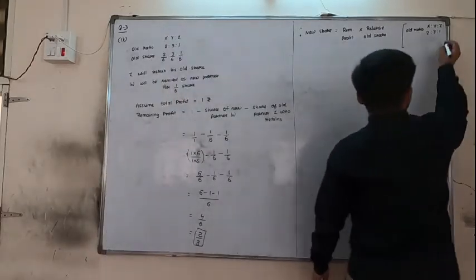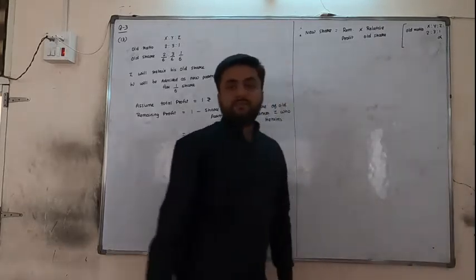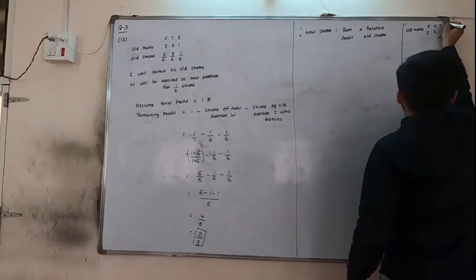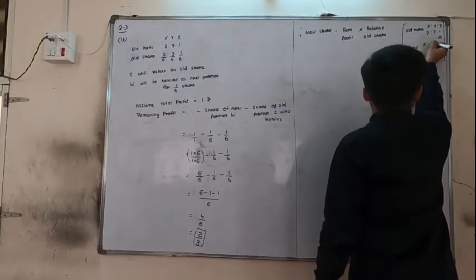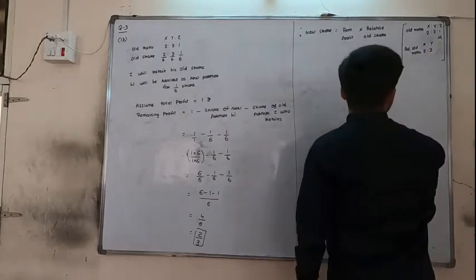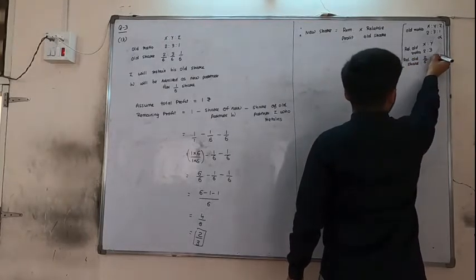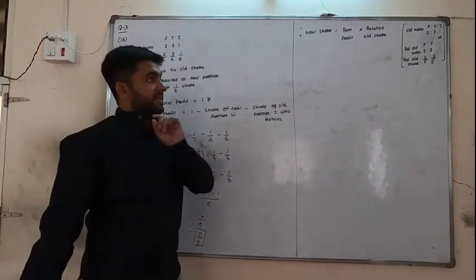Now Z is retaining, so we are cancelling his name. So now relative old ratio between X and Y will be 2:3, and relative old share will be 2/5 and 3/5, not 2/6 and 3/6. The reason I will explain.